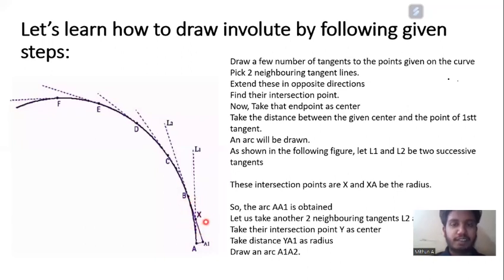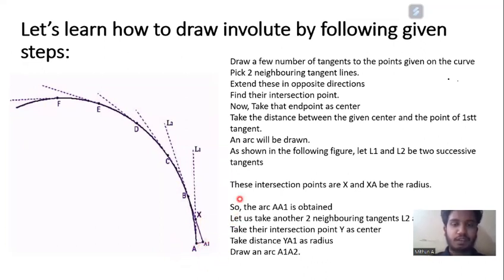Taking that intersection point as a center, the distance between the center and the point of the first tangent should be taken, and drawn as an arc here.